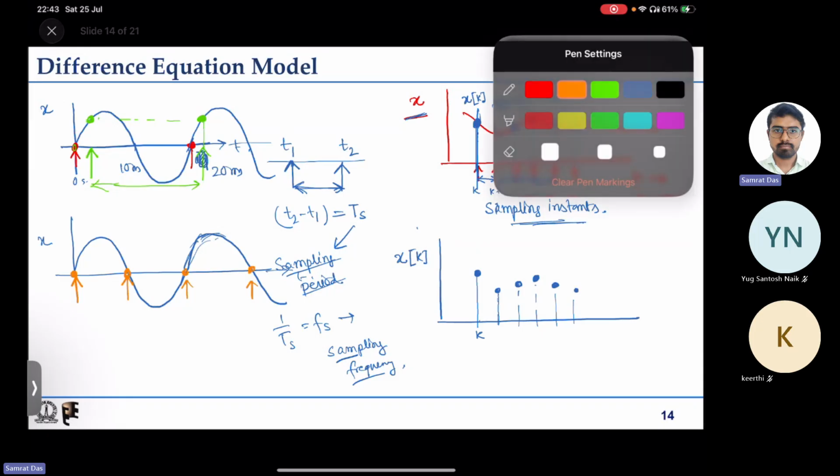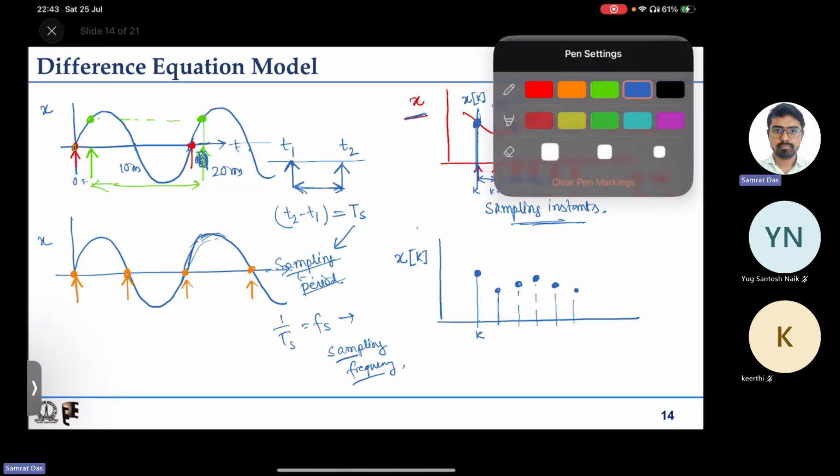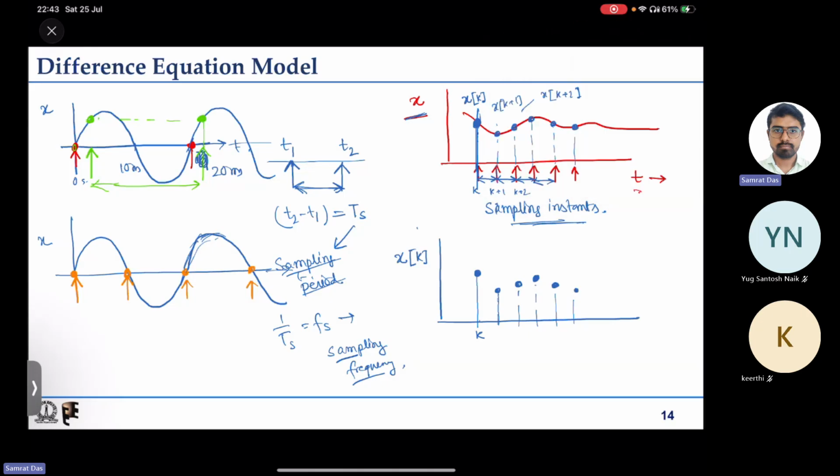Now if we actually sample at some other instance, say we sample it here, so it is this value, we sample it here, so it is this value, again we sample it here, it is this value, and again we sample it here, this is this value.